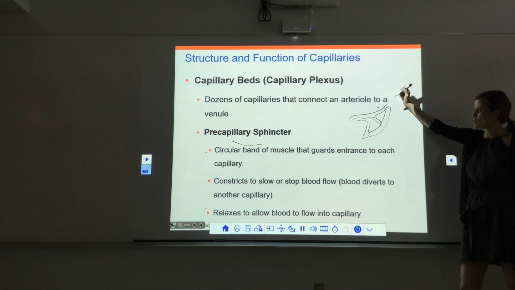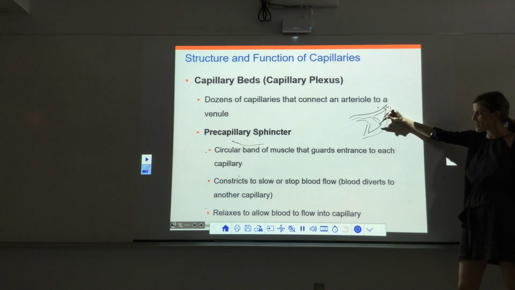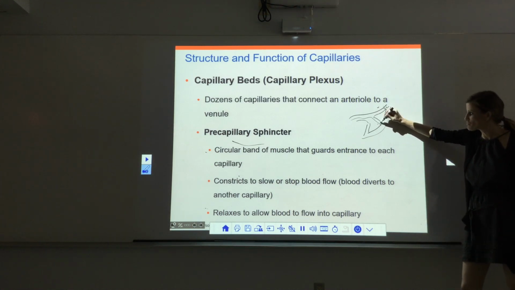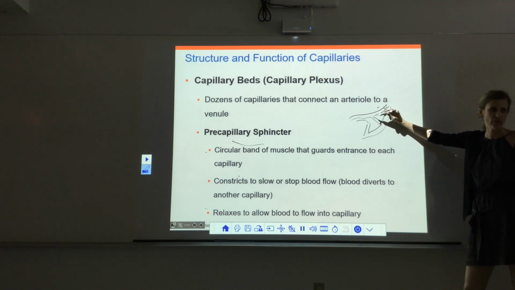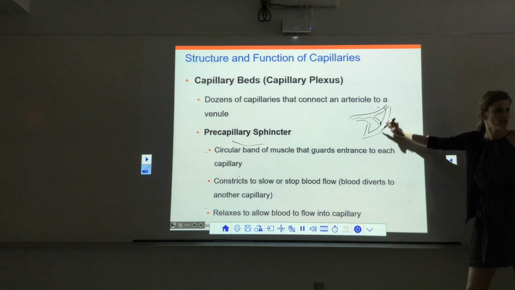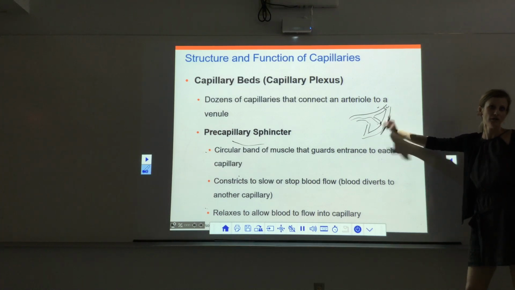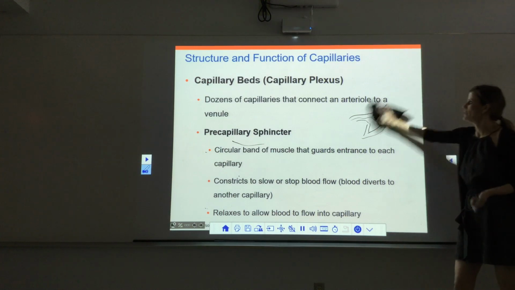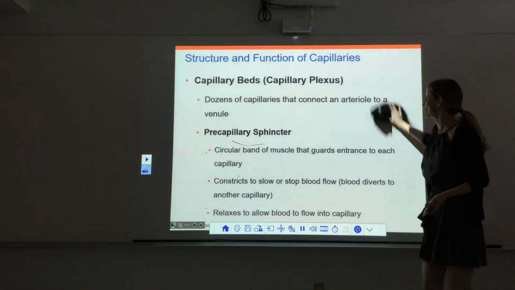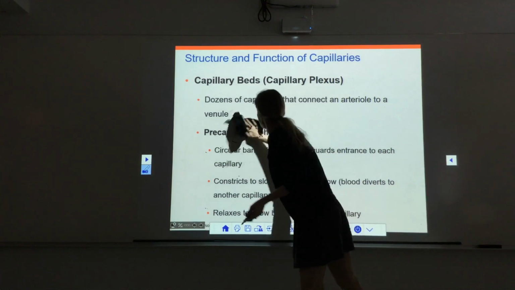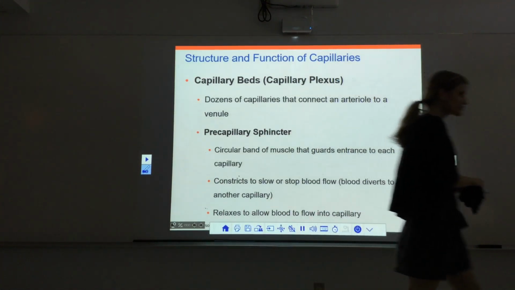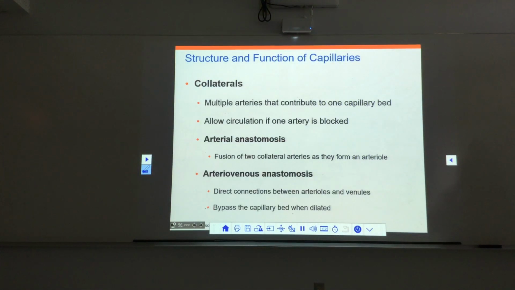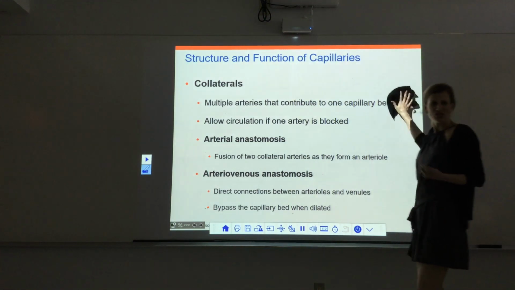More blood would now flow this way. If this area had plenty of oxygen, this precapillary sphincter could constrict because there's no use allowing blood to flow this way when we don't need it, right? It's better to divert it to another part of the tissue where we need it. So these precapillary sphincters are constantly contracting and relaxing in order to alternate blood flow through different parts of the capillary bed. We call that vasomotion.